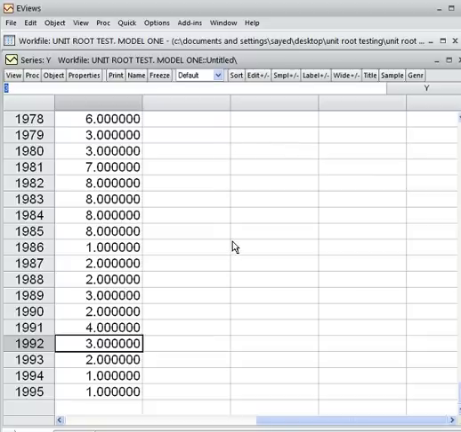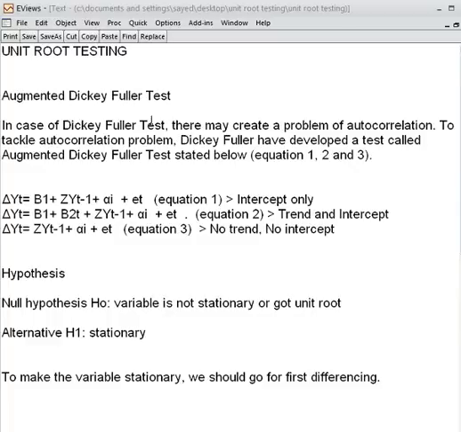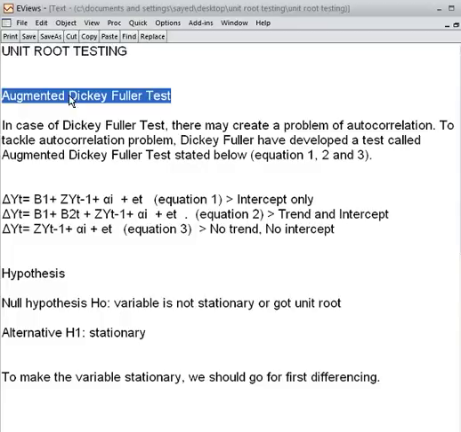Okay, so you can see from here, we shall be doing, as I told, unit root testing. So how to test it? Here is the augmented Dickey-Fuller test.